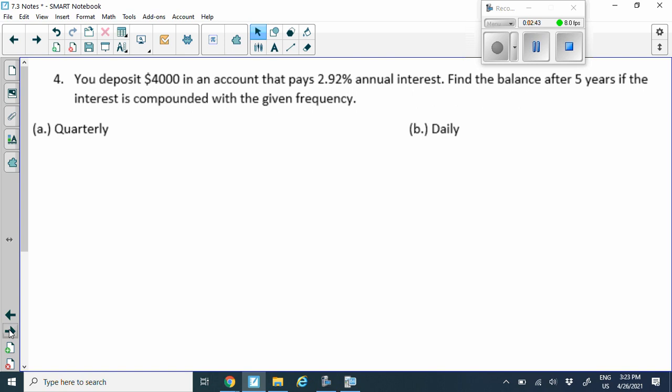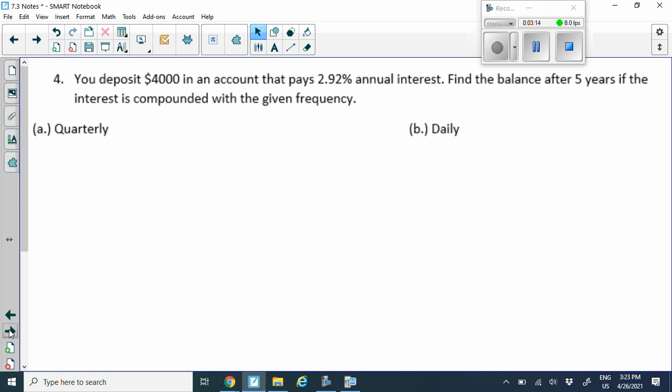But if we compound more than once a year, basically that percentage, which of course we change to a decimal, gets segmented by how many times we are compounding. So you can think about it: if we have 2.92% and we compound just twice a year, you would take that divided by 2, of course change your percentage to a decimal, and that's the percentage you get on the first time you are doing your compound interest, and then the second time as well.